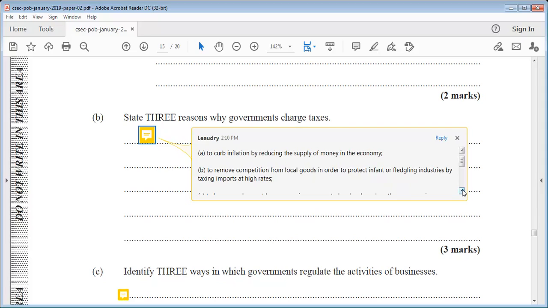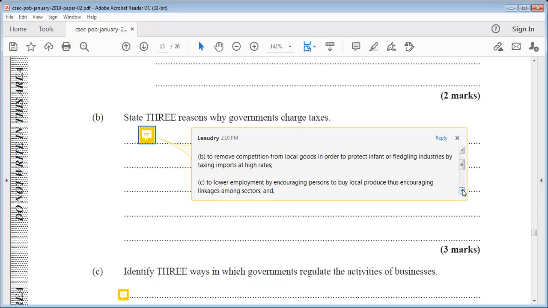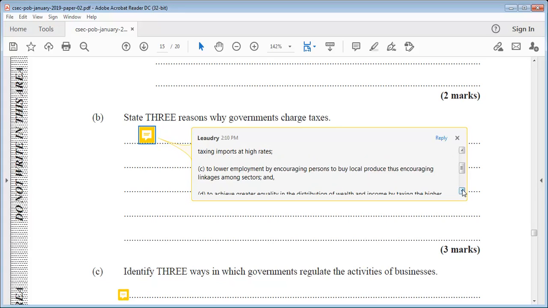Two, to remove competition from local goods in order to protect our infant or fledgling industry by taxing imports at high rates. 3, to lower unemployment by encouraging persons to buy local produce, thus encouraging linkages among sectors.